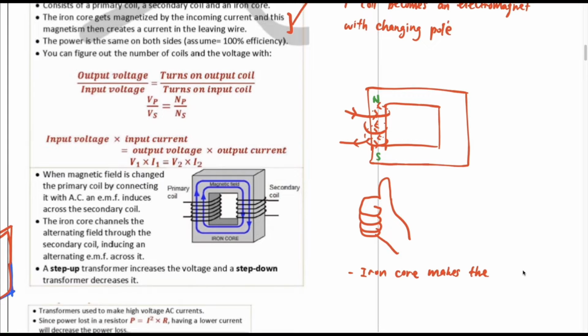Without the iron core, the magnetic field which forms is a very weak magnetic field. So the iron core makes the electromagnet stronger. It will be something like this: north pole, south pole, and the magnetic field is like that. At the north pole, you can expect the arrows to come out from the north pole. At the south pole, it is going to be like this.